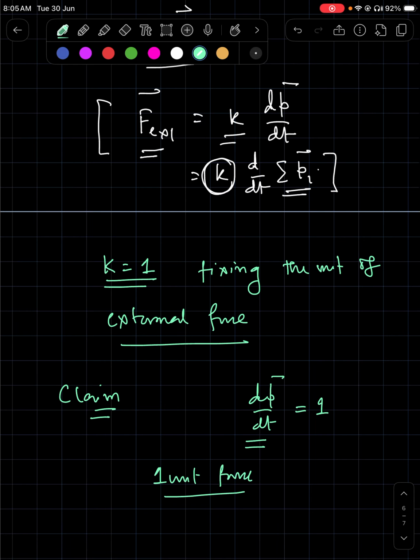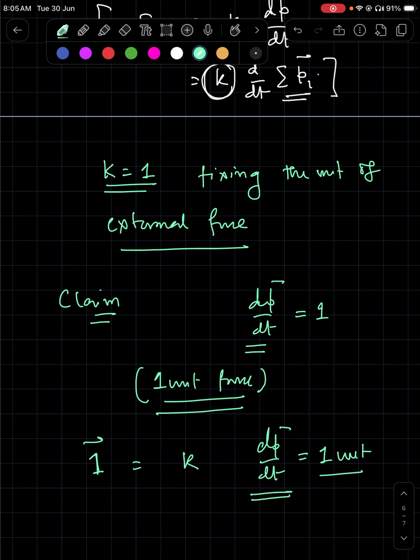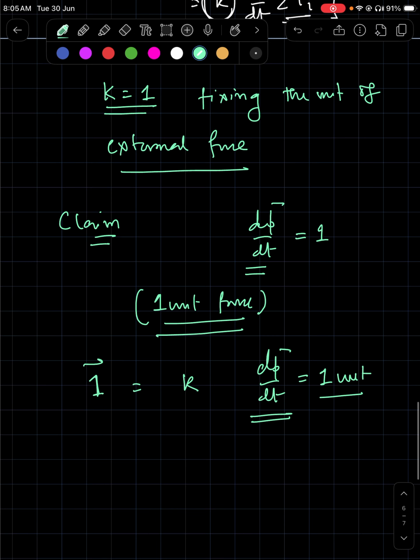So 1 unit force is defined as that which generates the rate of change of momentum by 1 unit. That means if dP/dt, the rate of change of momentum, is 1 unit, this is caused by the external force which is 1 unit. So this one unit force will generate the rate of change of momentum as one unit. That's why K is becoming one.